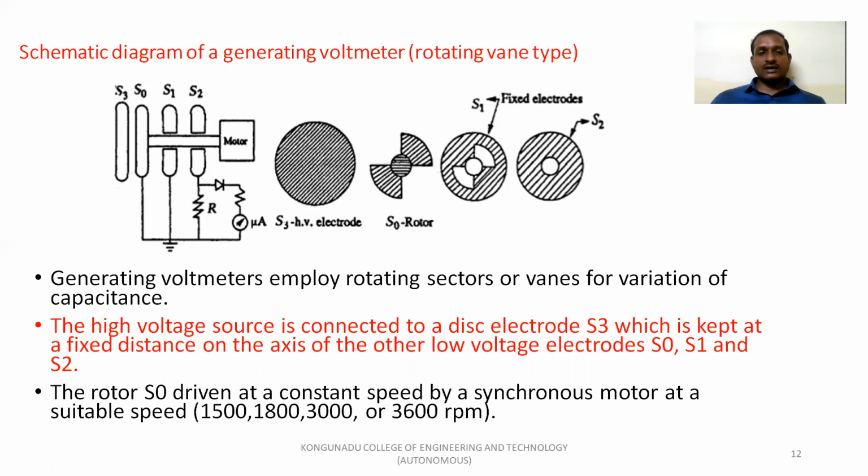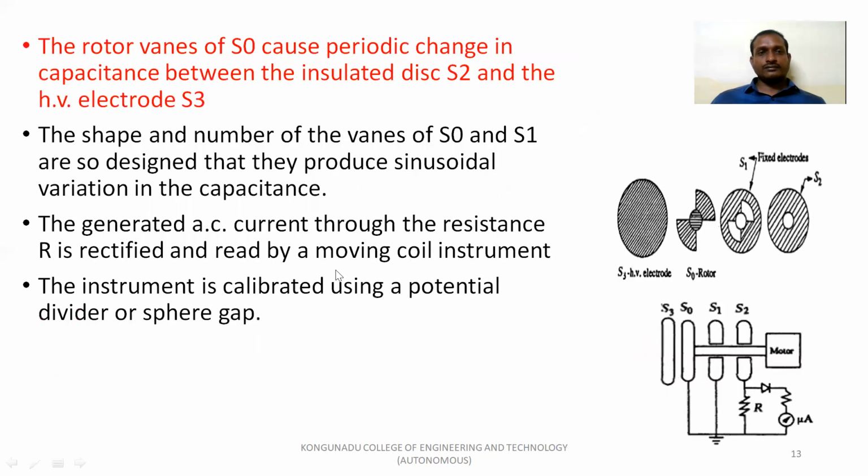The rotor S0 is driven by a synchronous motor at a constant, suitable speed, maybe 1500, 1800, 3000 or 3600 RPM. The rotor vanes of S0 cause periodic change in the capacitance between the insulated disk S2 and S3.